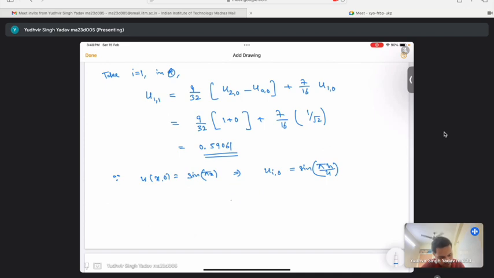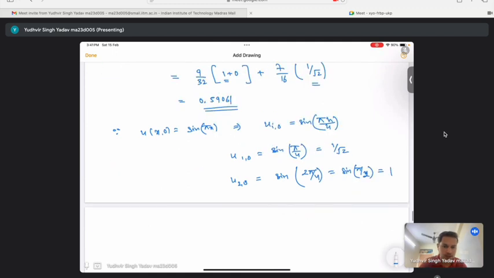When you need u_1^0, it will be sine pi by 4, which is 1 by root 2. And when you need the value of u_2^0, it will be sine 2 pi by 4, which is sine pi by 2, and it is 1. So these are the values that we have obtained using the initial condition given.